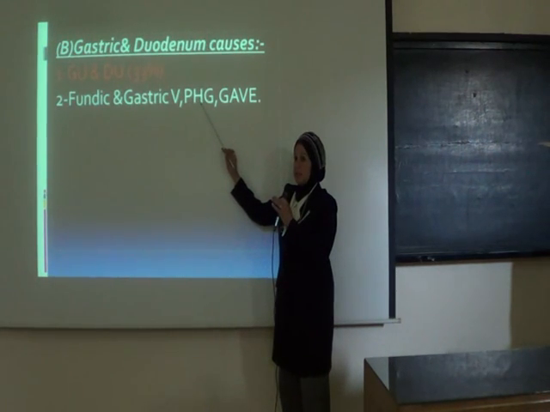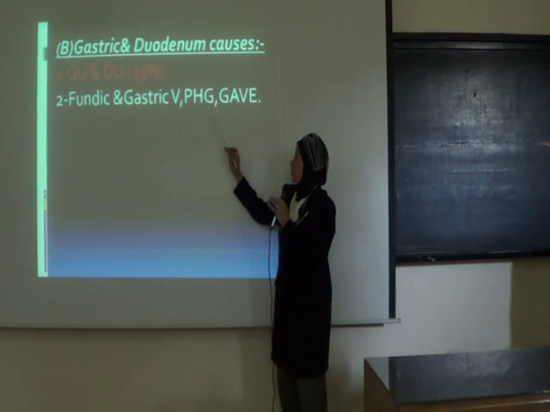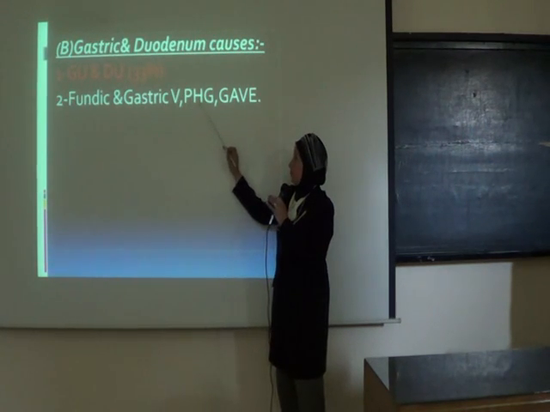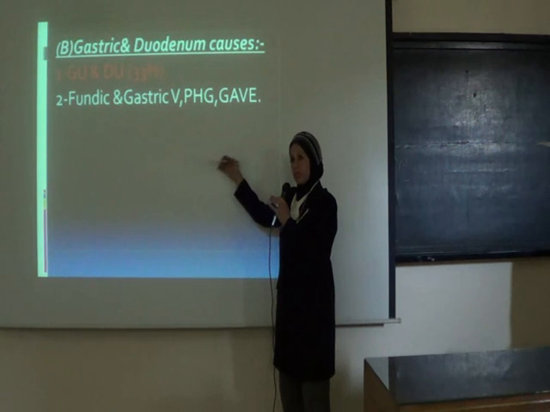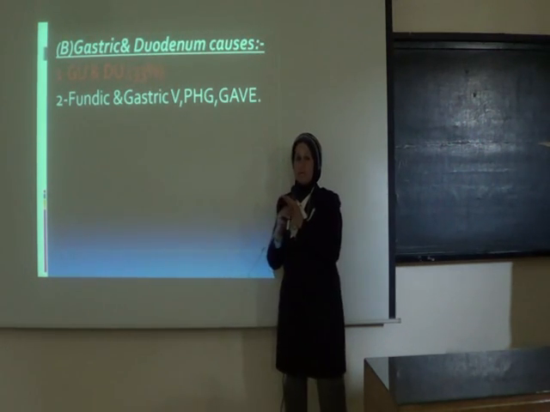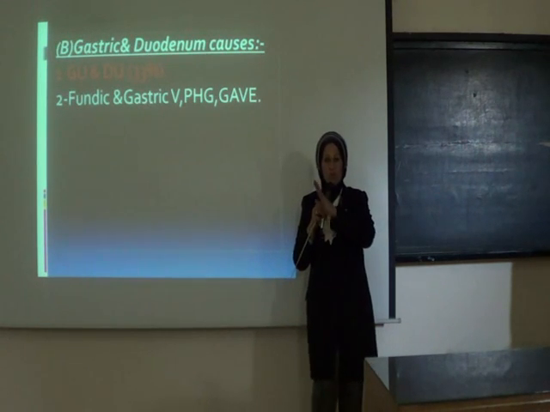So maybe the count is low or the function is defective. All platelet defects will come with a bleeding tendency. Henoch-Schonlein purpura may also occur in children.